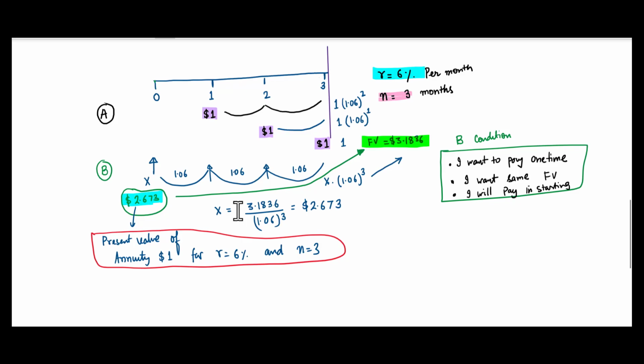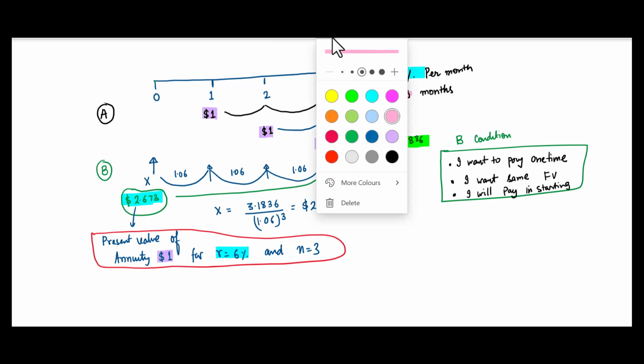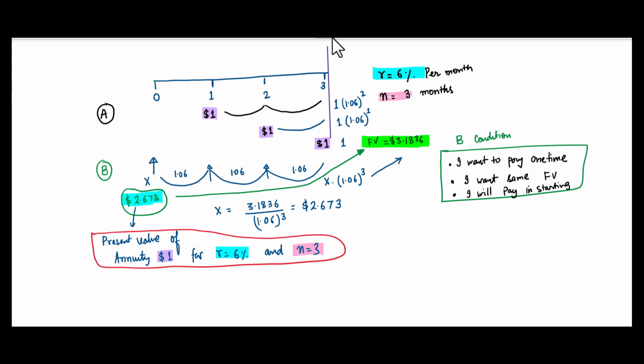So this is called the present value of the annuity of $1. I'll just highlight a few things so that you can see what is $1, and R is exactly the same, 6%, and N is exactly the same, N is equal to 3.